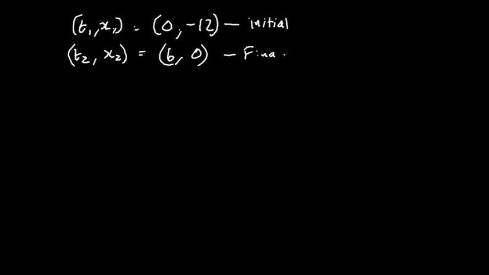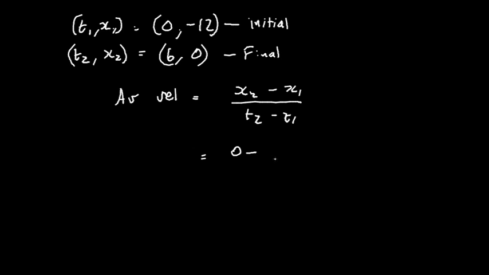That's where we end up. So x2 take x1: we get 0 take minus 12 over t2, which was 6, take 0. We get positive 12 over 6, which is 2.